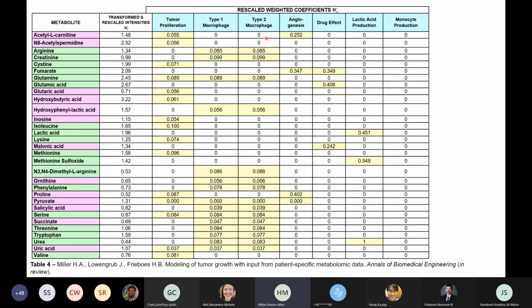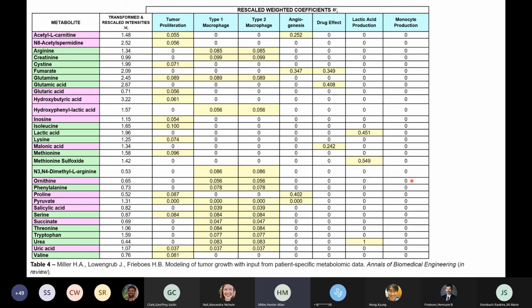Once these values are multiplied, they are summed down each row, and the sum of these multiplied values represents the location on the y-axis of the respective calibration curve, from which we can map to the x-axis to find the actual parameter value. Values of 0 here in this table indicate that the metabolite should have no effect on that parameter according to current biological knowledge.